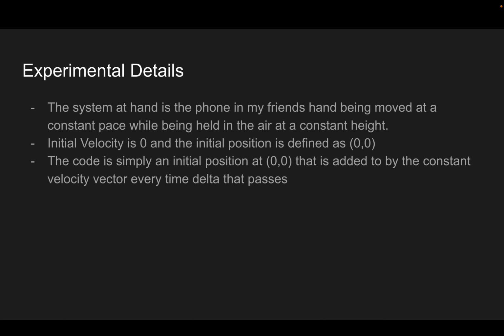We're going to set the initial velocity to 0, but it'll go immediately to whatever velocity it is at, which I think is 0.025, and the initial position is defined as 0, 0, wherever that happens to be in the phone. And then the code is basically just modeling that by setting an initial position as 0, 0 and adding a constant velocity vector to that position every time delta that passes.